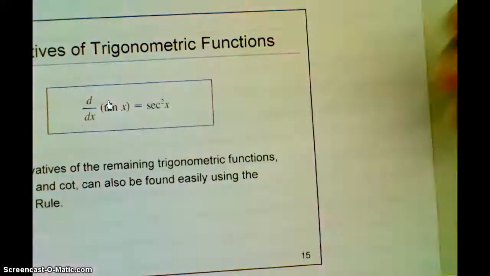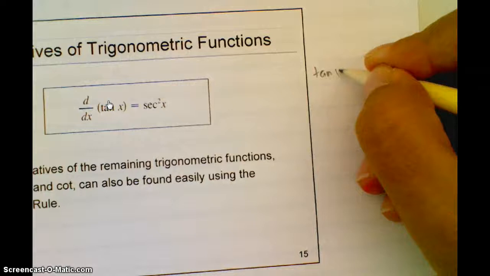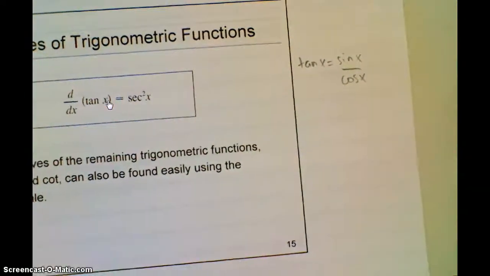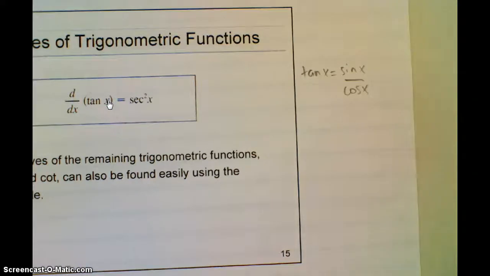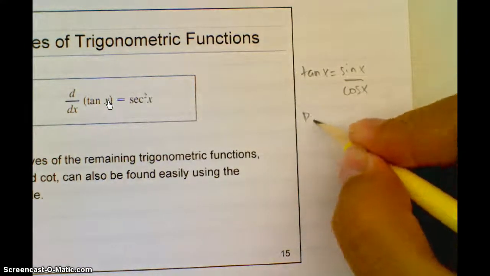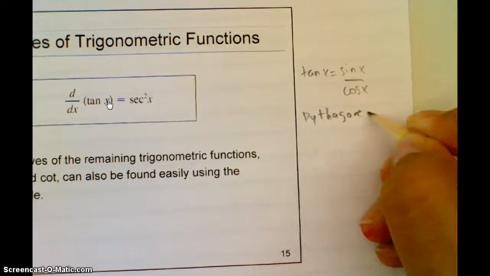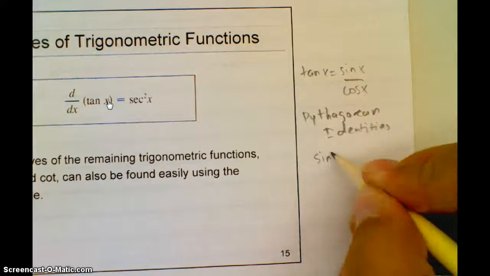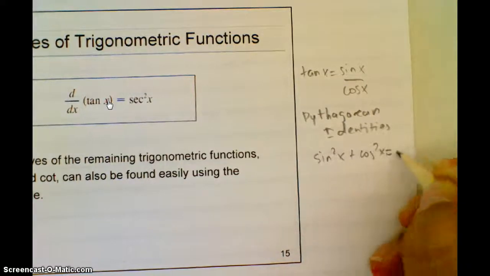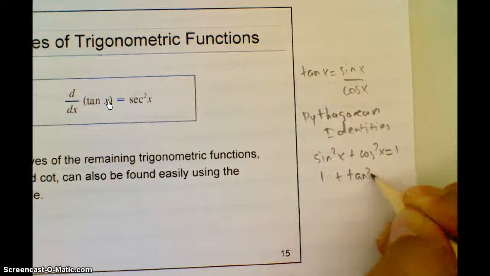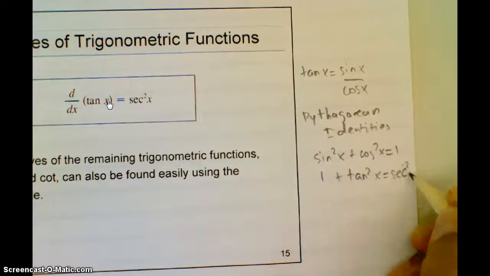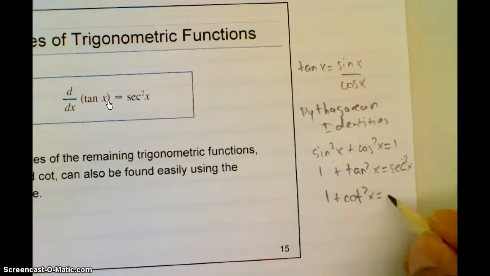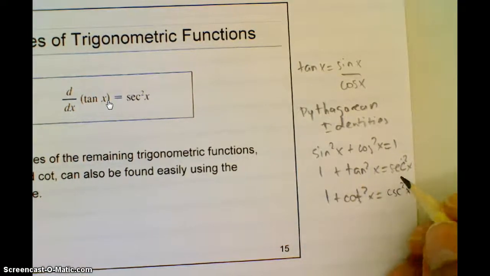So let's just remember what those are. I know that tangent of x will be sine of x over cosine of x, and cotangent is the reciprocal. The other ones that I need to remember are the Pythagorean identities, and those would be sine square of x plus cosine square of x is 1, and then 1 plus tangent square of x is secant square, and 1 plus cotangent square of x is cosecant square of x.